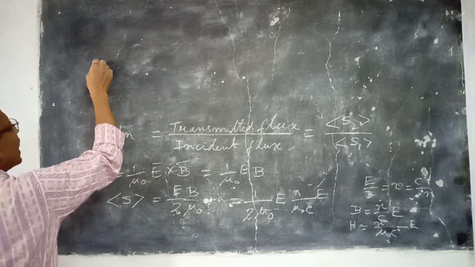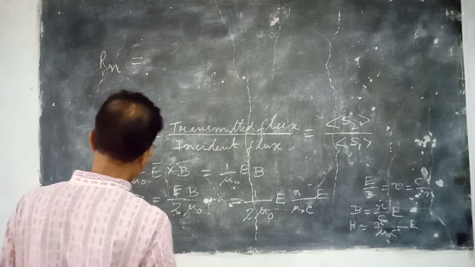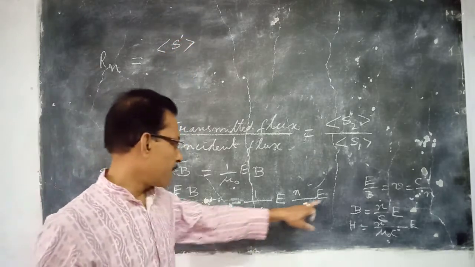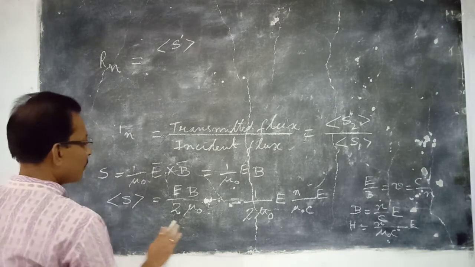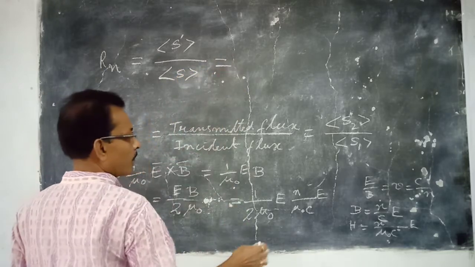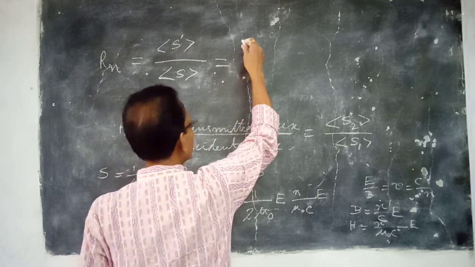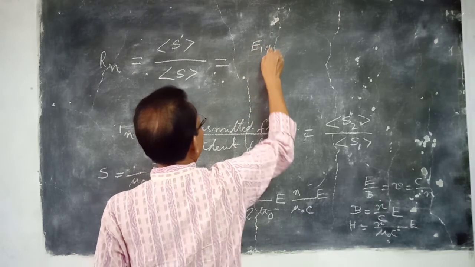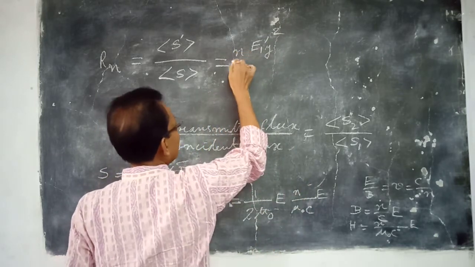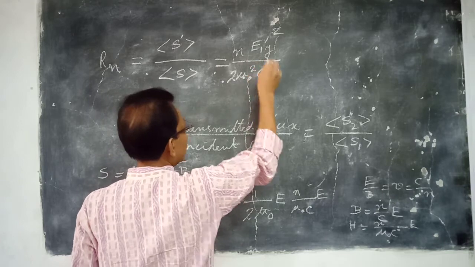So for the reflecting flux Rn, here you get S prime, where E will be replaced by E1y prime. That is E1y prime square, and here you get n divided by twice mu 0 square c.